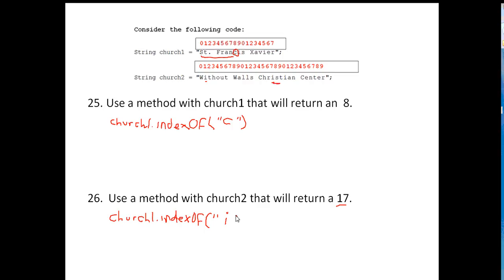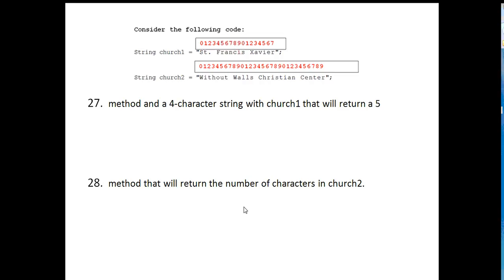That's what you want to use. An IS will force it to go to 17, the position of the first character of this group of characters. This is one you're going to need to remember for the test, because this will be on the test for sure. Okay, let's go to the next one.